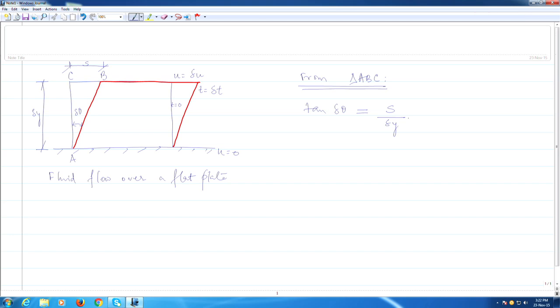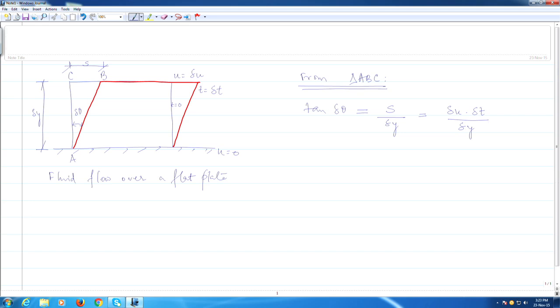And this S is basically the entire displacement. And then, like we said, the displacement has a corresponding velocity delta u, and the time during which this has happened is delta t. So I can also write this as the corresponding velocity times delta t by delta y. Is that right?